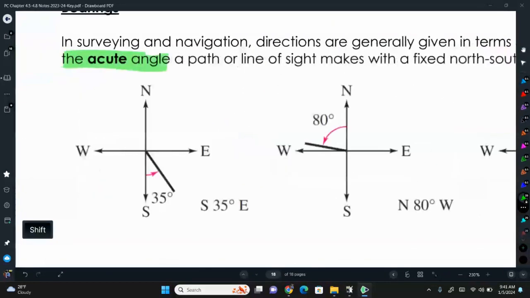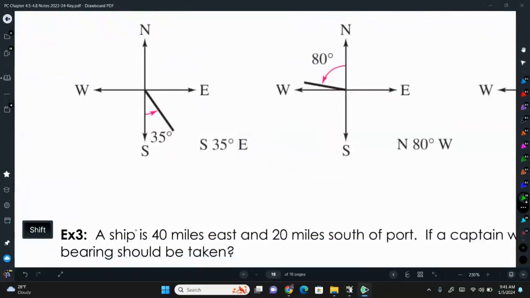So here you see the angle from our south line is 35 degrees. So we would say that it is south 35 degrees east. So from the south line, we're going 35 degrees towards the east direction.